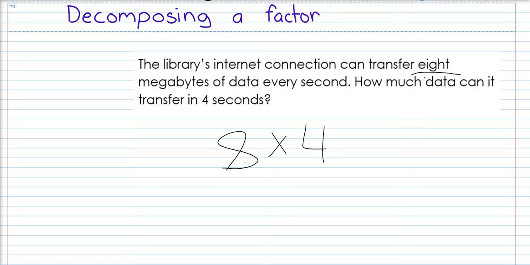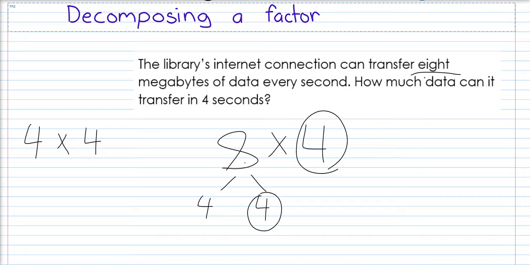Now, again, the 8's times tables are a little bit tricky for me, but I can do my 4's pretty quickly. So let's decompose this 8 into a 4 and a 4. So now all I have to do is multiply 4 times 4 for this problem, and again 4 times 4 for this problem.